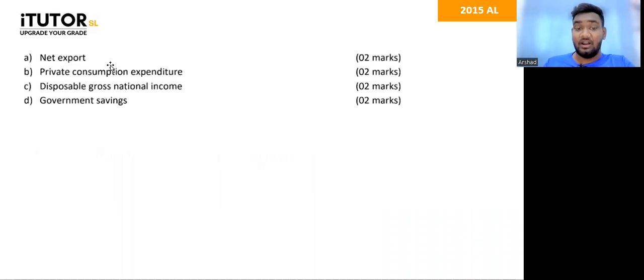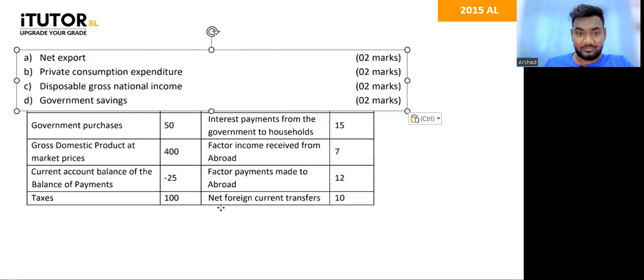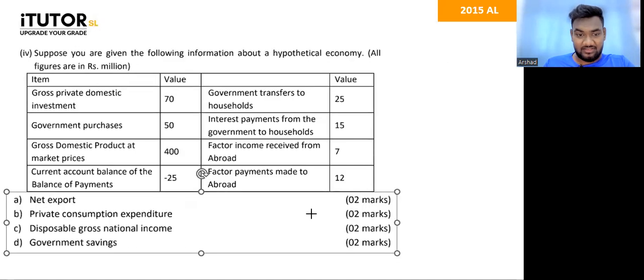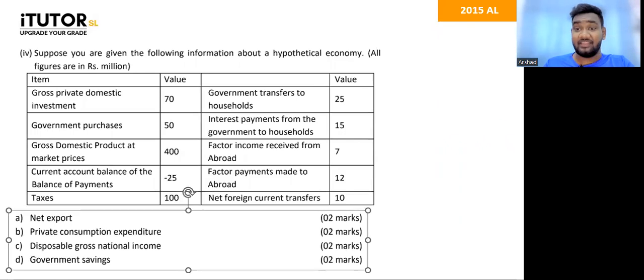They're asking for net exports, private consumption, disposable gross national income, government savings. I'll just copy and paste this here also, just for us to see whether we remember. Okay, let's try to find one by one.